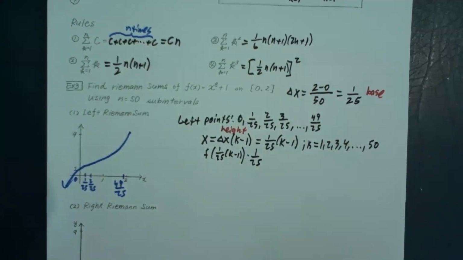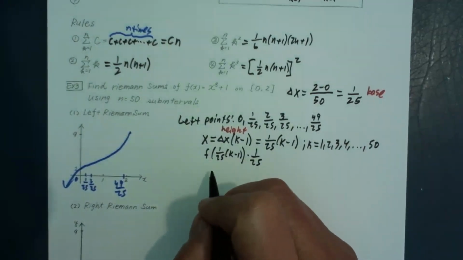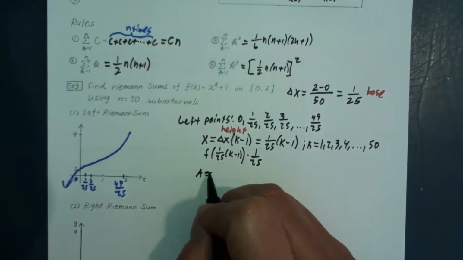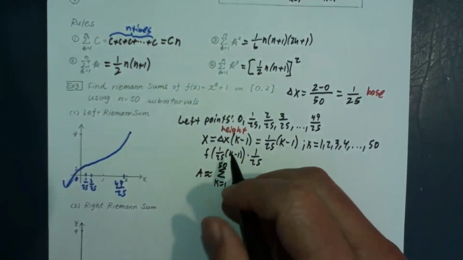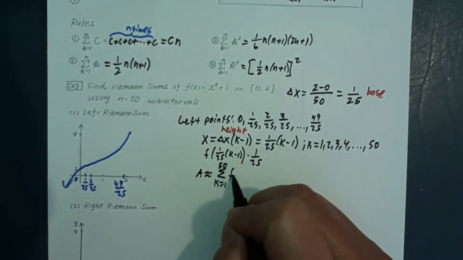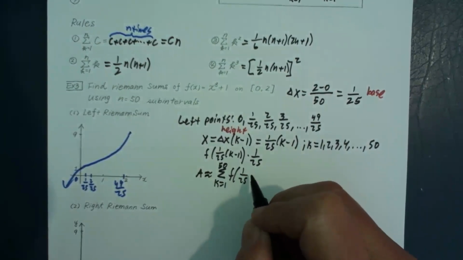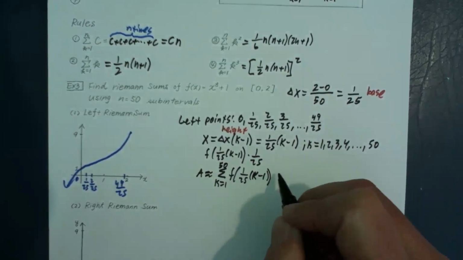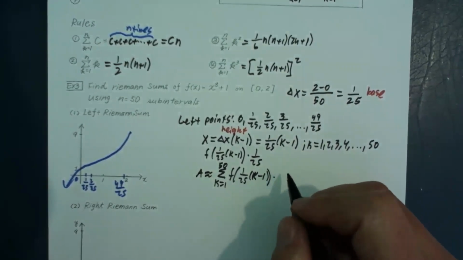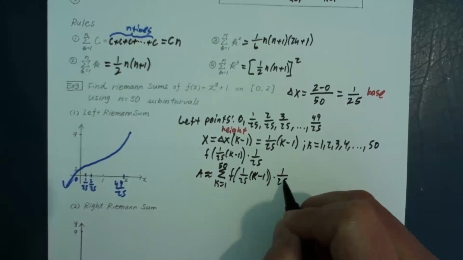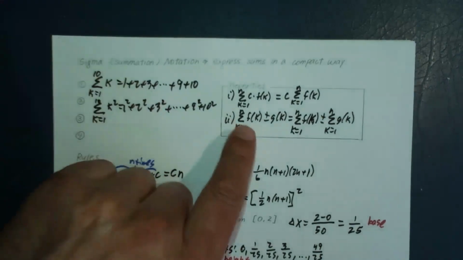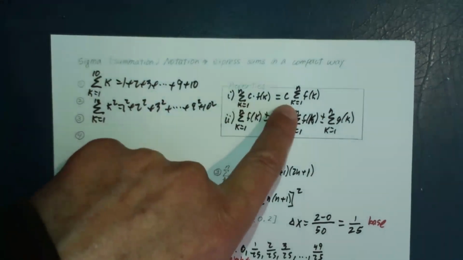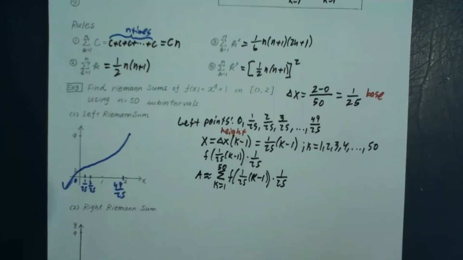So putting this in context, we're saying that the area under the curve is about the summation k equals 1 to 50 of f of 1 over 25 times k minus 1, times delta x, which again is 1 over 25. And I'm going to use a rule, and 1 over 25 is c in this case. I'm going to pull that outside. It's just going to make things a lot easier.